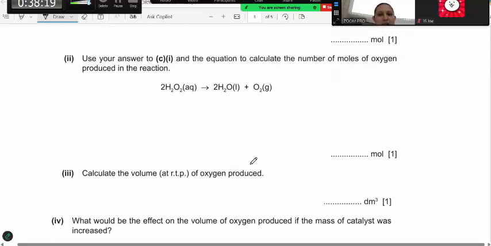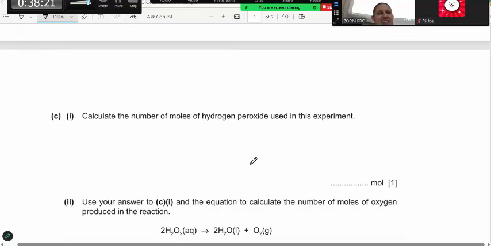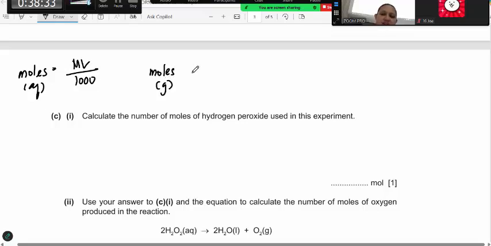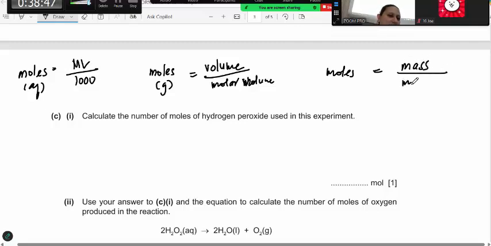All right. This one I'm sure you all can do, right? This one, amount of moles. Remember the three formulas? If it's an aqueous solution, MV over 1000. If it's a gas, volume over molar volume. And for the amount of moles of any mass, it is mass over molar mass. So which one are you supposed to use here?